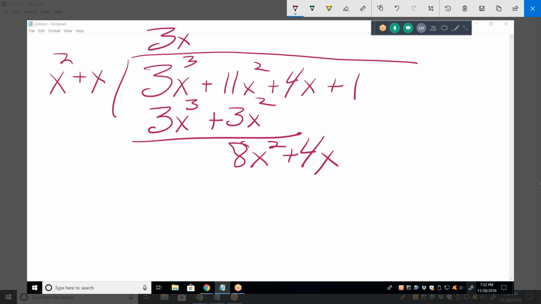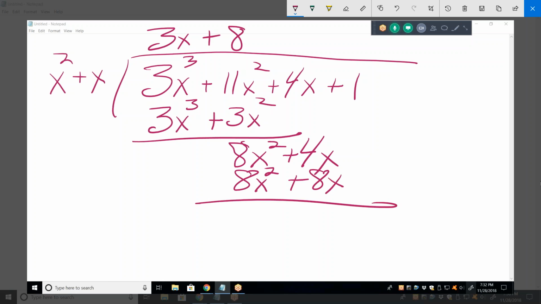Now repeat the whole process. Divide 8x squared by x squared to get 8. Then multiply 8 by x squared plus x to get 8x squared plus 8x. Then subtract, and I'd get negative 4x.